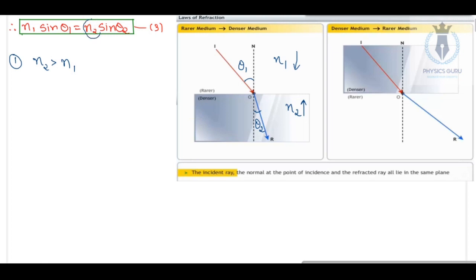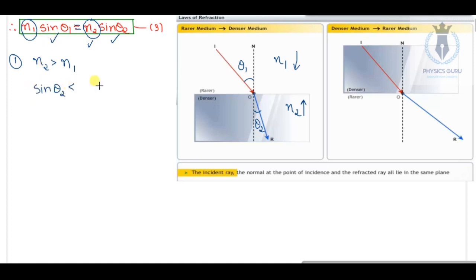In this equation, as the value of n2 is more than the value of n1, to make the left hand side and right hand side equal, as this term on the right hand side is higher, the second term on the right hand side becomes less than this term on the left hand side.